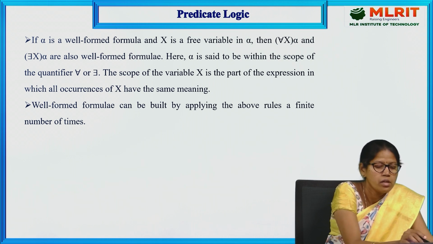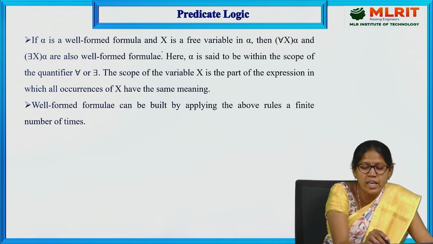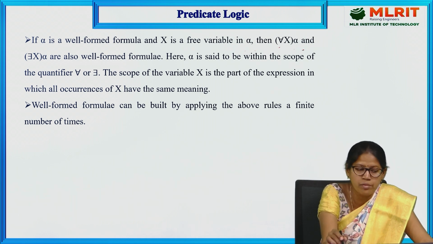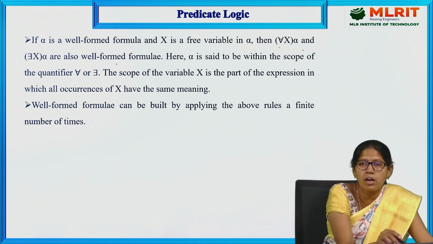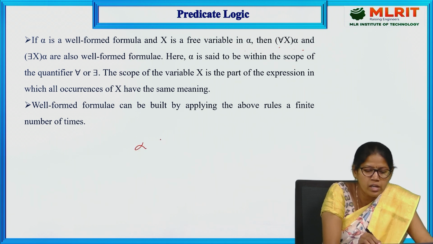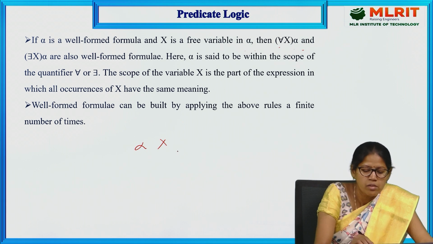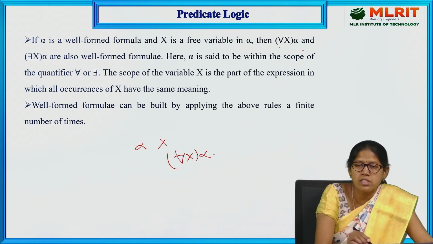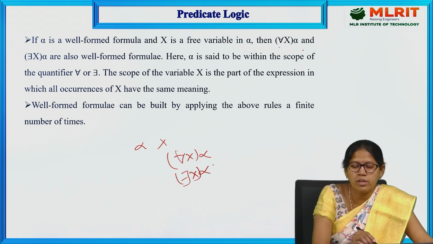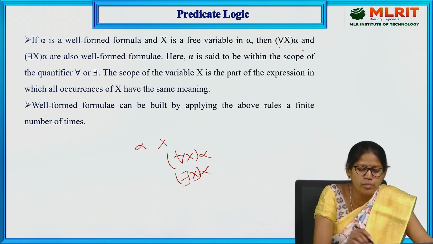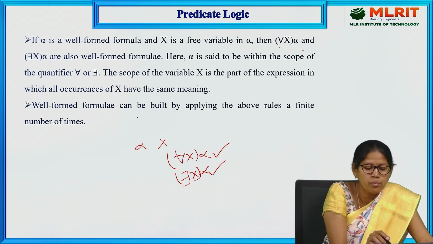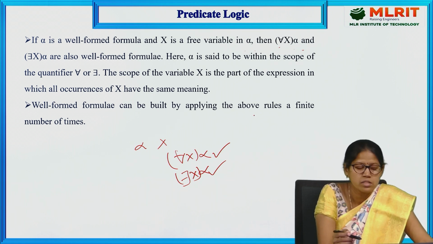Next, if alpha is a well-formed formula and x is a free variable in alpha, then for all x alpha and there exists x alpha are also well-formed formulas. Along with those 5 well-formed formulas, we have these 2 also. So a well-formed formula can be built by applying some rules.